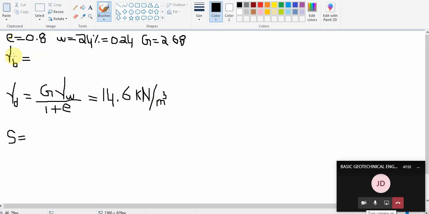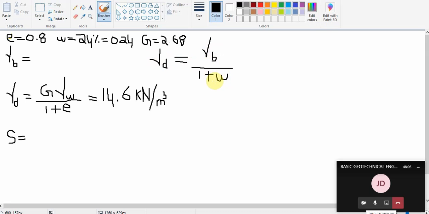Now to find bulk density, we have this expression: gamma D is equal to gamma B divided by 1 plus W. So W is known, gamma D is also known. You can easily find gamma B, that is bulk density.